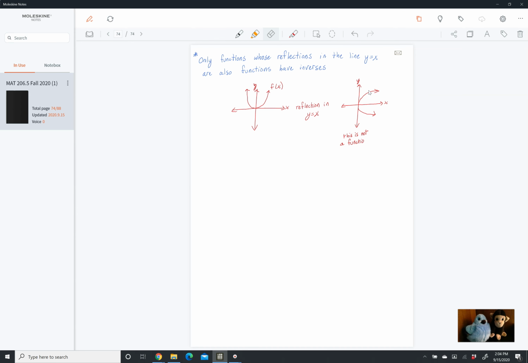So we wouldn't call it an inverse. Okay, we can see it's not a function. Any vertical line passes through the function twice, right? Fails the vertical line test.